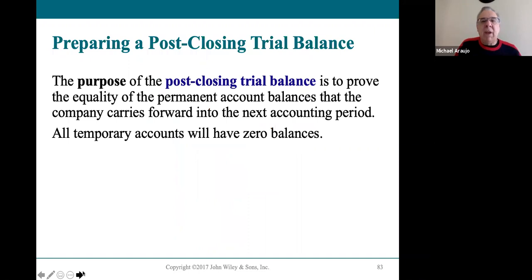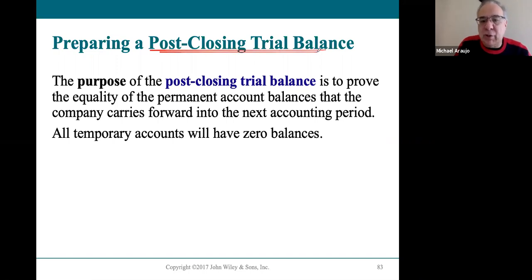Okay. So after we do all the closing entries, we should have zero balances in all of our revenue accounts. We should have zero balances in all of our expense accounts. And dividends should also have a zero balance. To make sure we have zero balances, we do something called a post-closing trial balance.